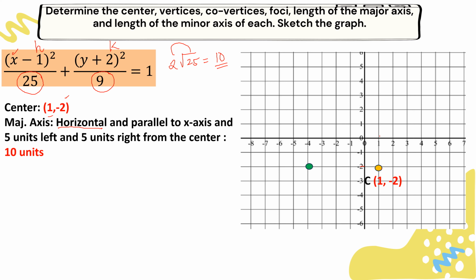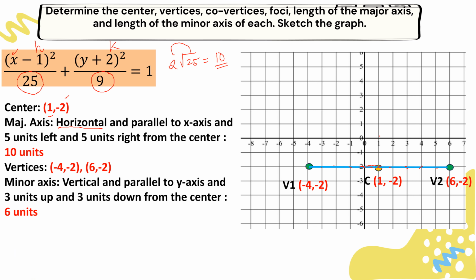That means 5 units to the left, 1, 2, 3, 4, 5, and 5 units to the right, 1, 2, 3, 4, 5. The coordinates are 6, negative 2 and negative 4, negative 2. We connect the two vertices to form the major axis.